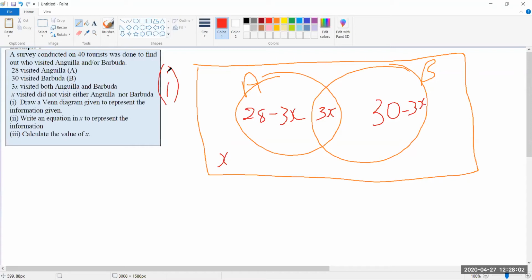Next, we are required to write an equation. Equation means it includes an equal sign for the total number of persons who visited both Anguilla and Barbuda, right?